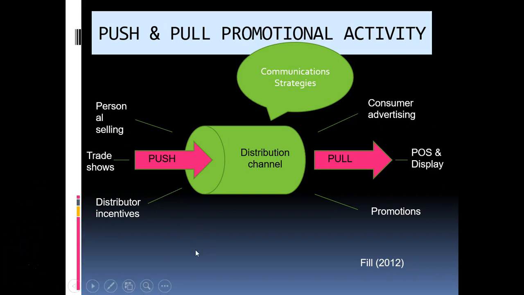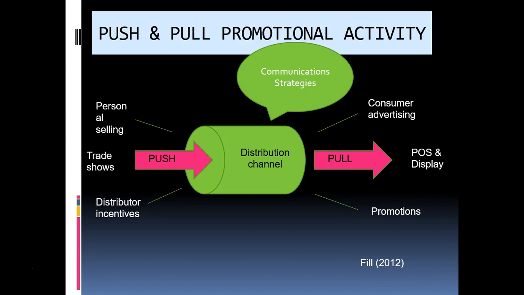So just to revisit this, push is where we push the message through the distribution channel, and we use those different channel members, whoever they might be, to reach the end customer. Another example could be if you go in store in Currys to buy a fridge freezer, and they are pushing a specific message on you from a personal selling perspective.